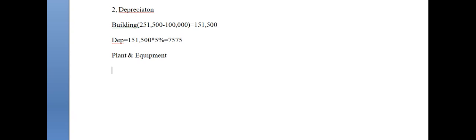And we are told it's on a reducing balance basis. So what is the cost of this asset? The cost of the plant and equipment is 18,600. Okay. What is the accumulated depreciation?